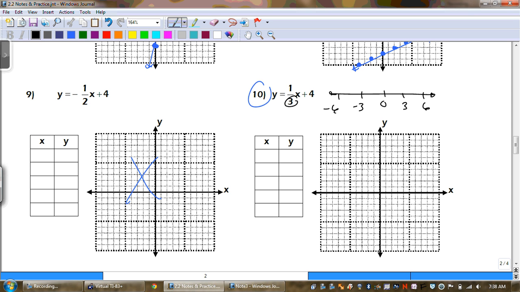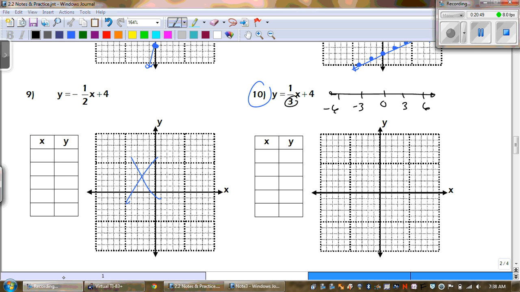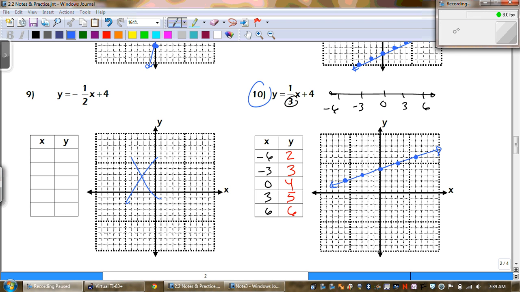Those are the numbers you need to plug in. Go ahead and pause the video. You're all on your own. Good luck. Okay, and there's your line. Just make sure when you're drawing your lines that they're nice and straight and they have the arrow.